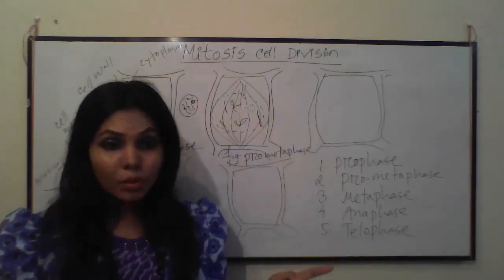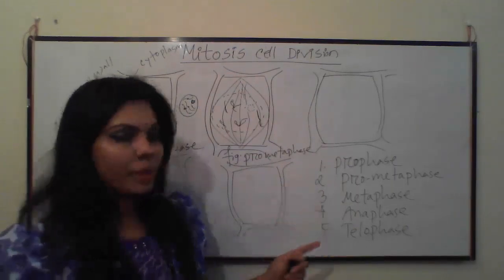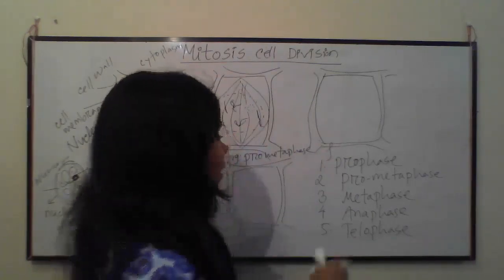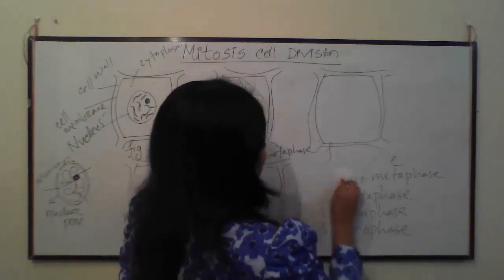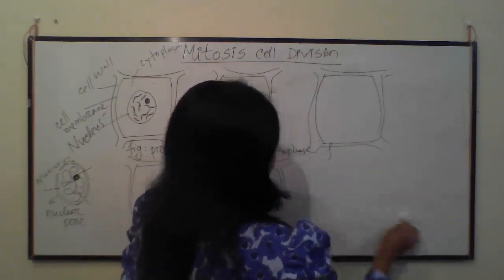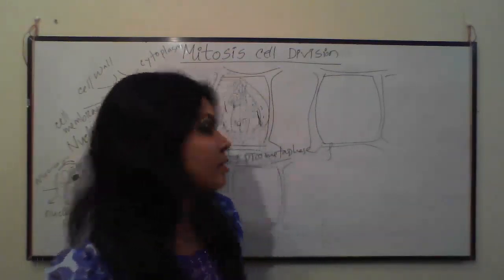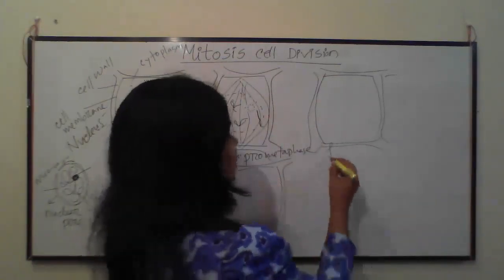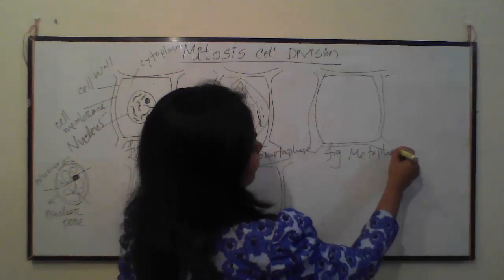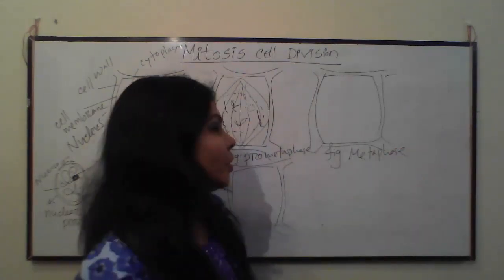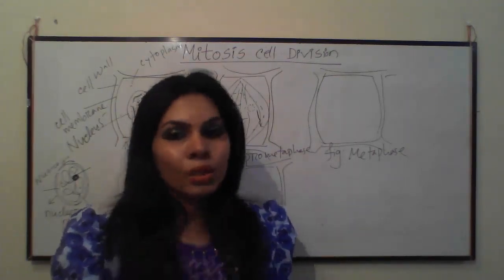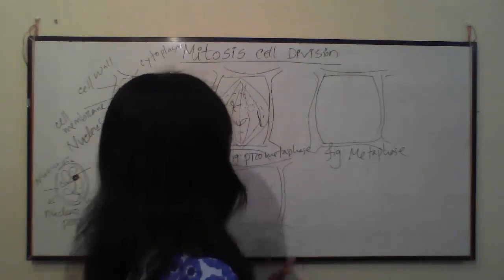Now let's go to the third stage, that means metaphase. I can write now because the first, second, third, fourth and fifth stages are prophase, prometaphase, metaphase, anaphase, and telophase. So what happened in metaphase? Let us write the figure, metaphase. In metaphase, there's no nuclear membrane, no nucleolus, nothing.